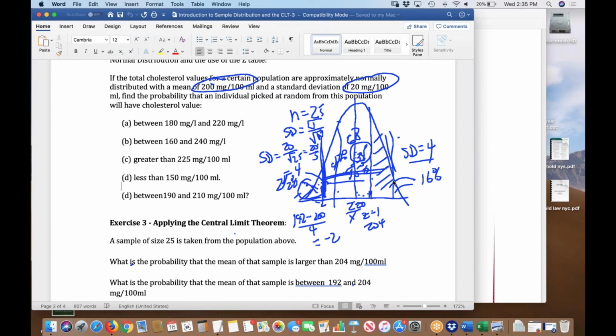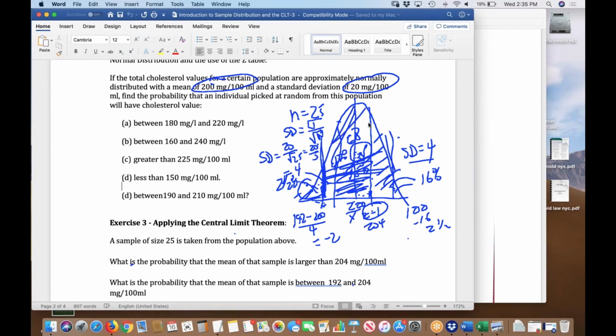So 16% would be above a z-score of 1. 2.5% would be below a z-score of -2. So the area that's left in between them is going to be 100% minus the 16% and minus the 2.5%. Or more accurately, you could look up the z-table and actually calculate them.